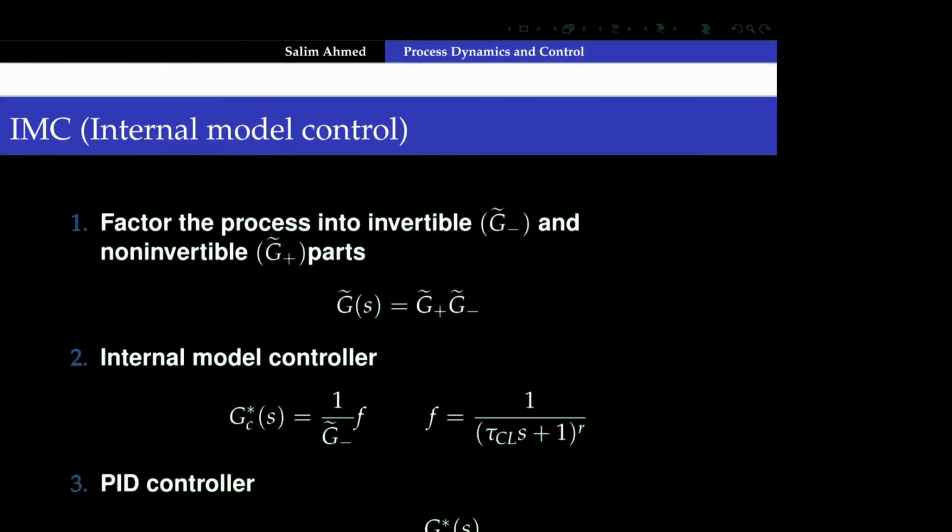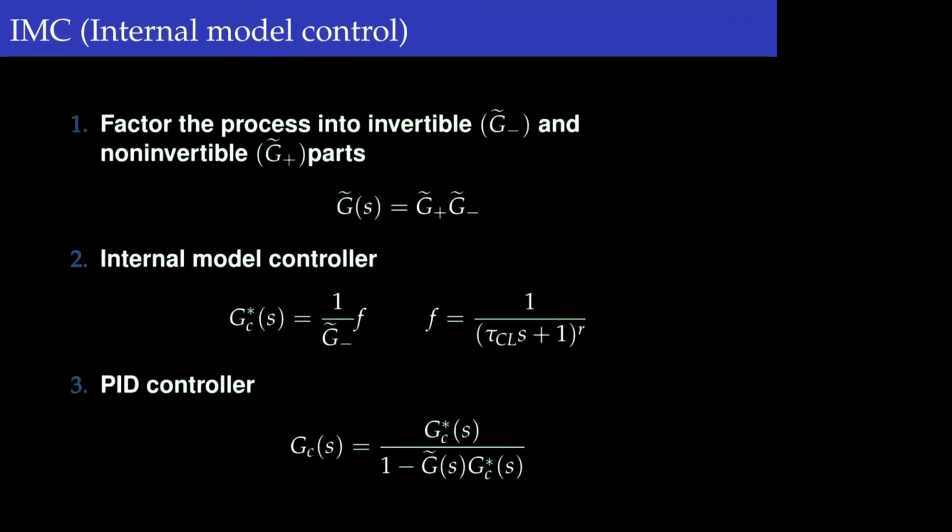Now another method is called IMC, or internal model control method. In this approach, the process might have two components. One is invertible, one is non-invertible.